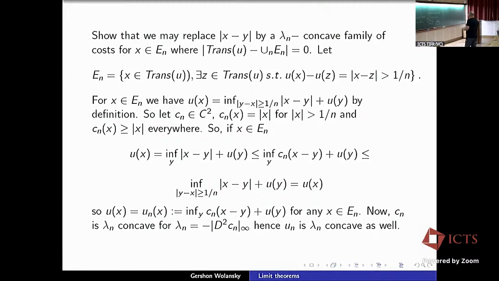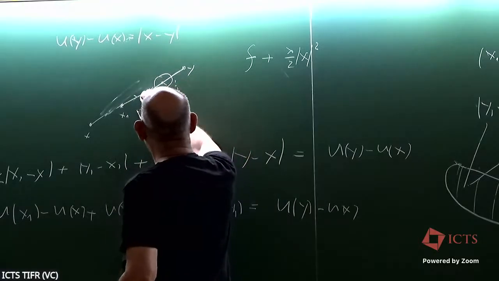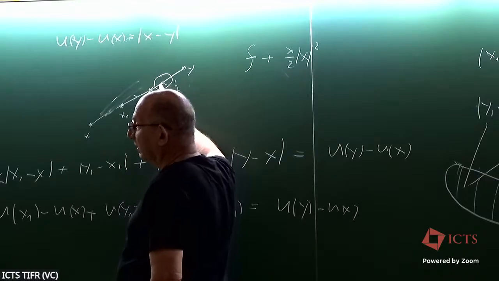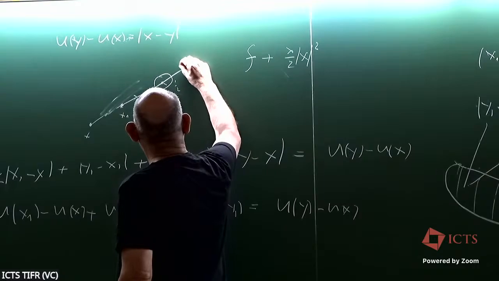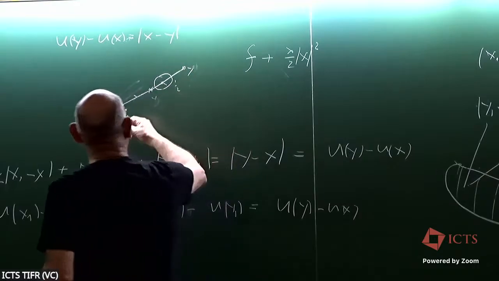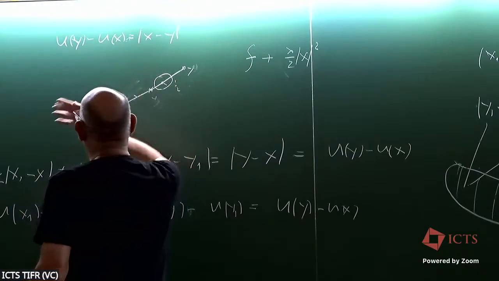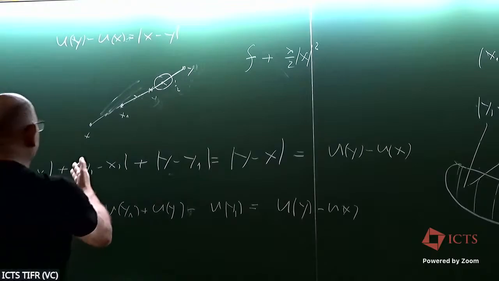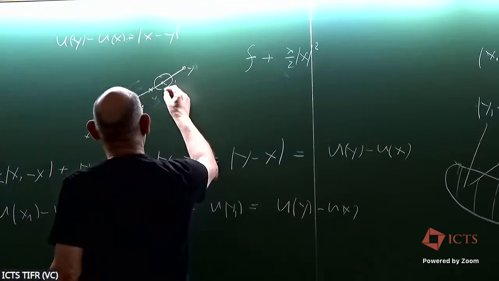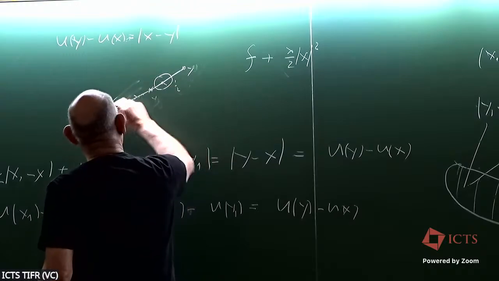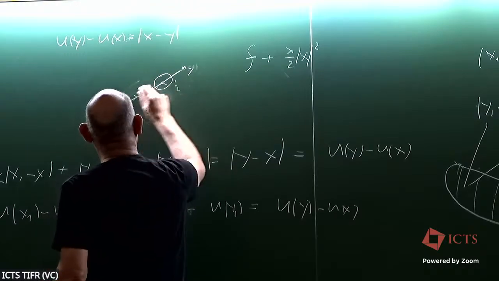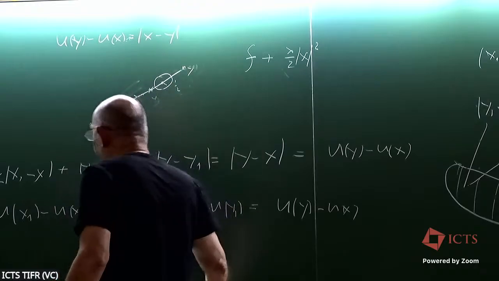It means that we take all points on the transport line such that there is a point on the line outside a ball of radius 1 over n. So if the line is shorter than 1 over n, this will not be in the set. But if the line is longer than 1 over n, then we can take all the points which are bounded away from the endpoints by 1 over n. This will be the set.